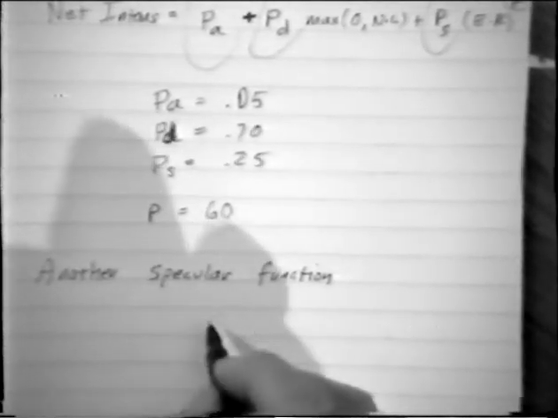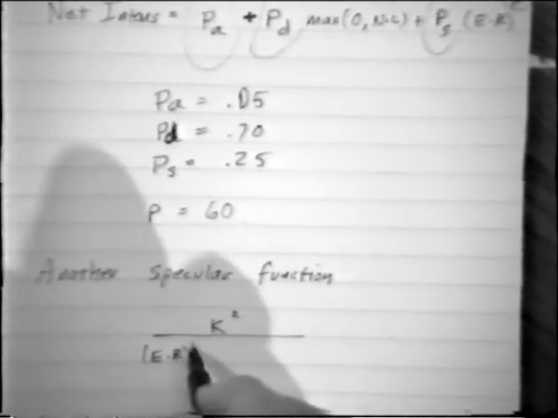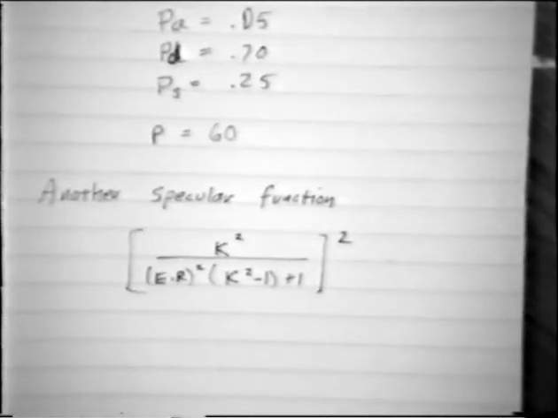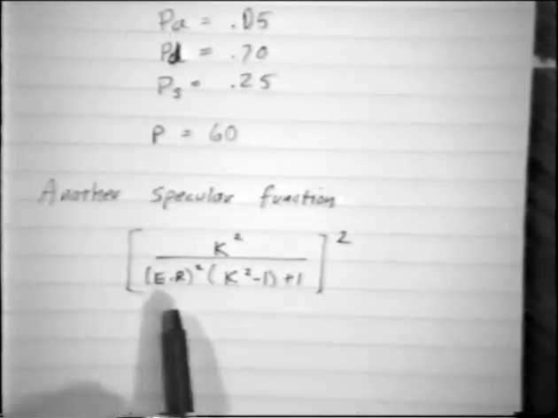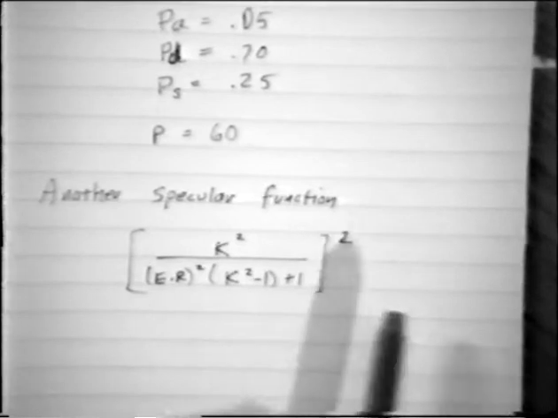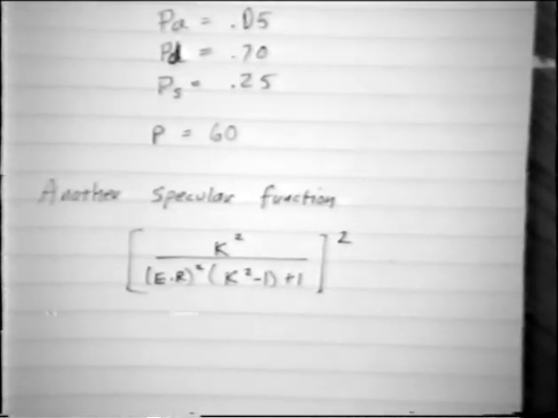Okay, it's a sort of bizarre thing. It's got a free variable in there which we'll call k. K squared over this big mess, E dot R squared times quantity k squared minus 1 plus 1, and that whole mess squared.